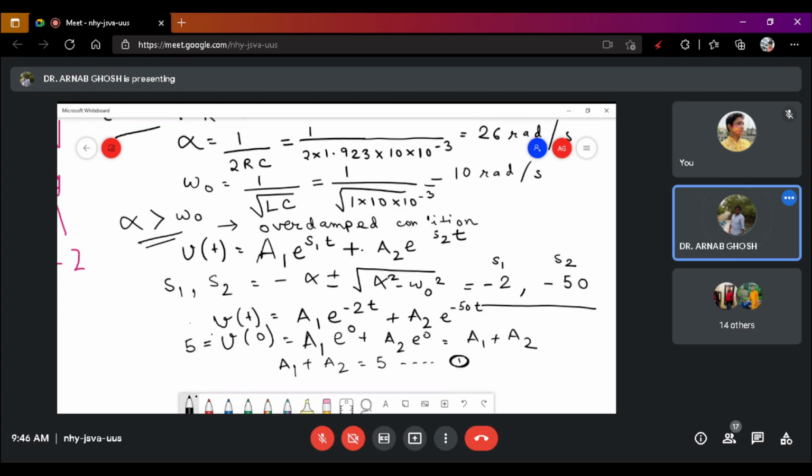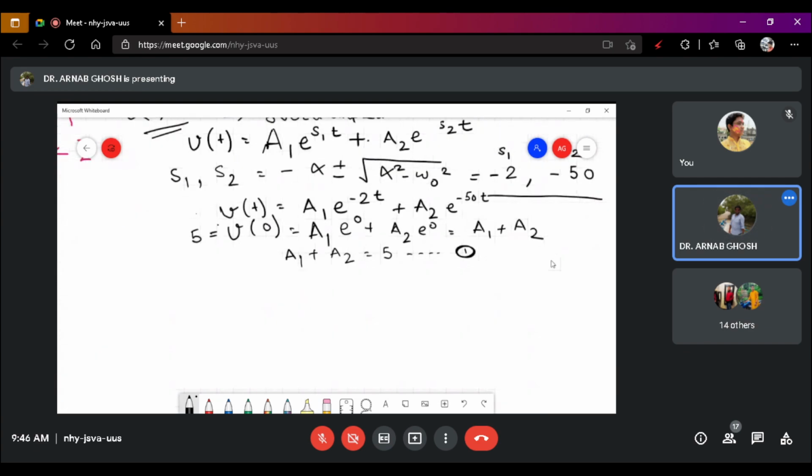Now next, you have to find out dV0 by dt, and this is equal to S1 A1 plus S2 A2 at t equals 0.